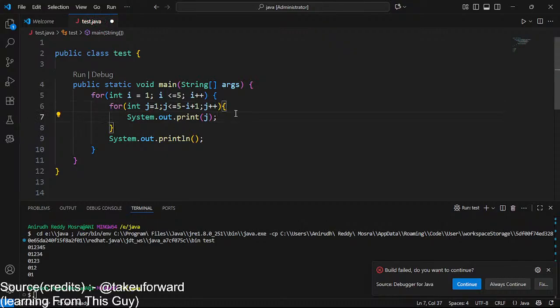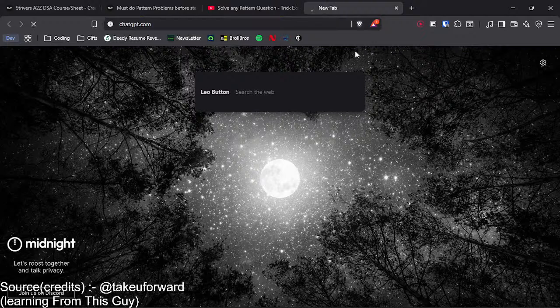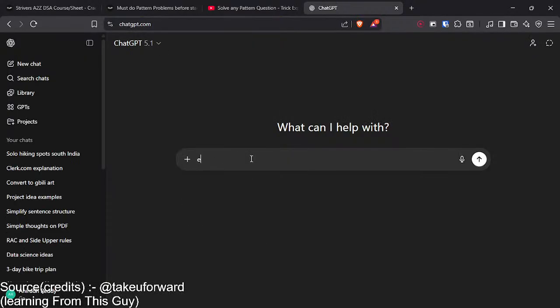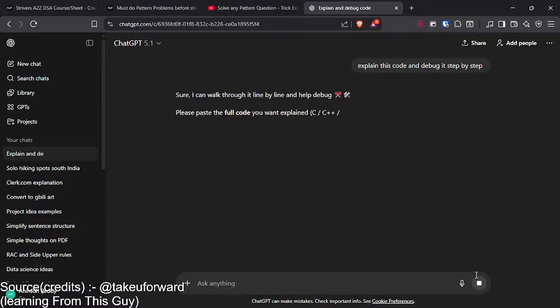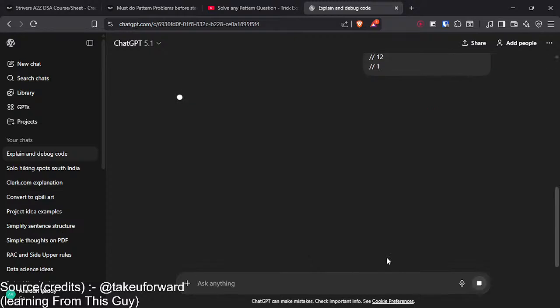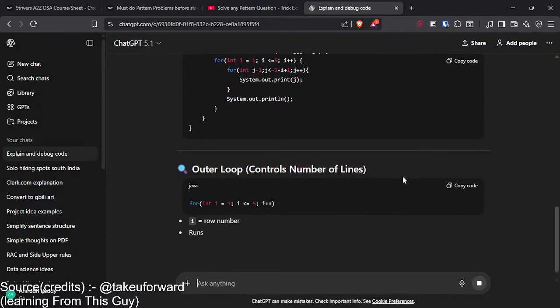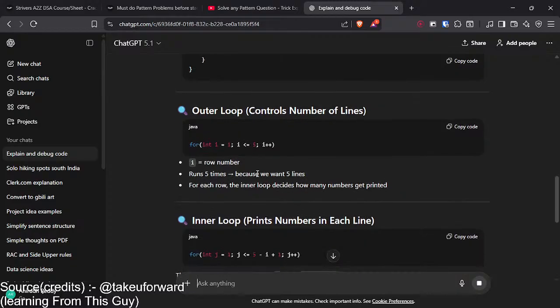I'm not able to understand this problem. Runs, okay, 5 lines, okay, 1, 2, 3.